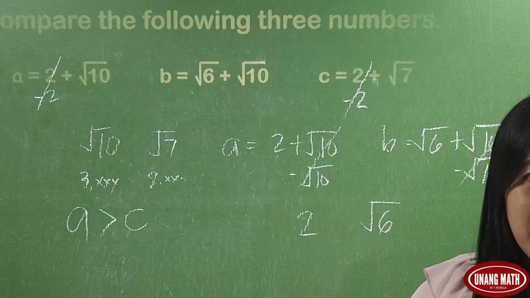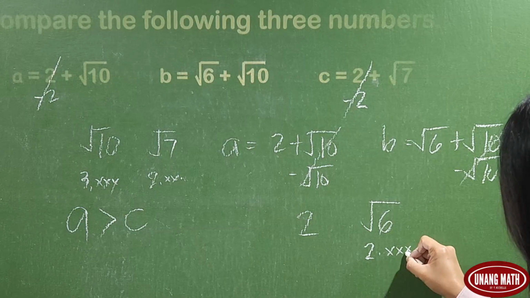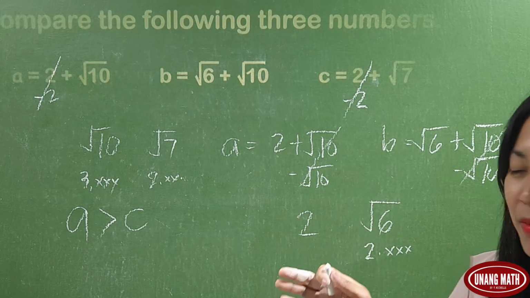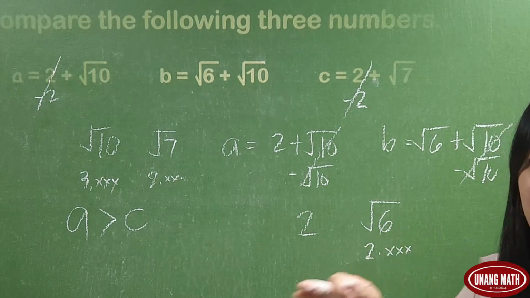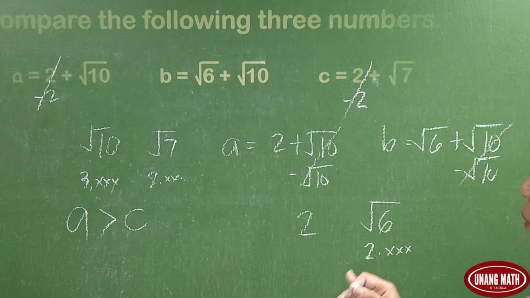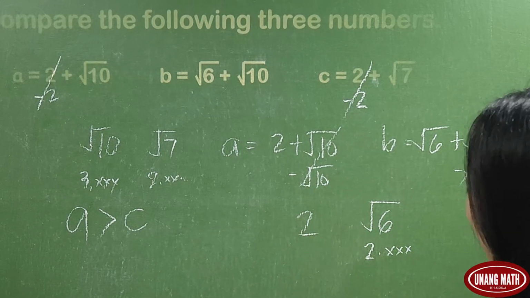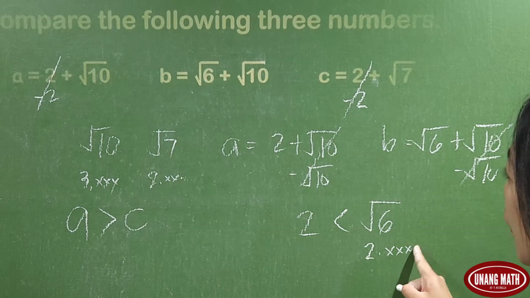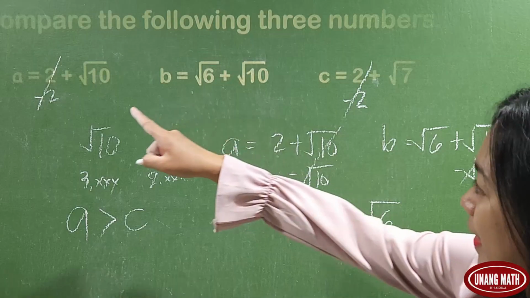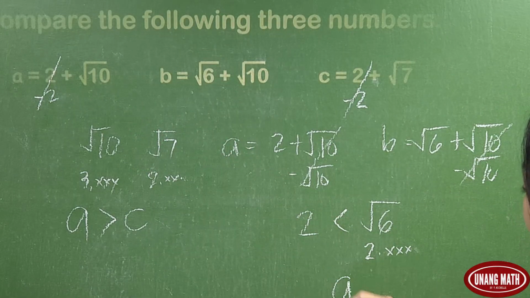It is 2 point something, since the closer perfect square is 4, so 2 times 2 is 4, and 3 times 3 is already 9. So we have 2 point something for the square root of 6, and 2 is less than 2 point something. So comparing A and B, we have A is less than B.